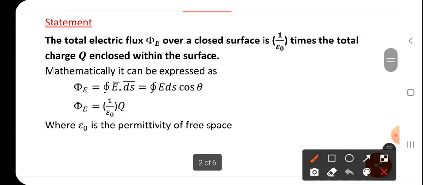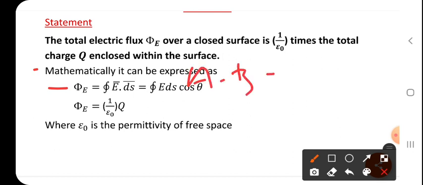And the next, the mathematical expression. Mathematically it can be expressed as phi E equals integral E bar dot dS bar, which is equal to E dS cos theta. I think everybody knows that the dot product between two vectors can be written as a bar dot b bar equals ab cos theta.